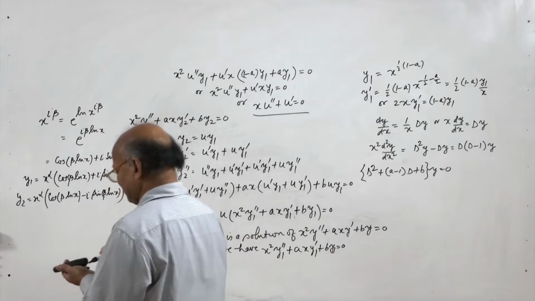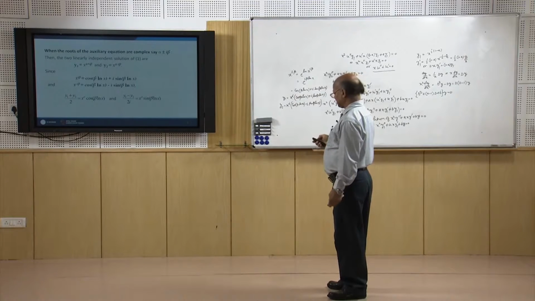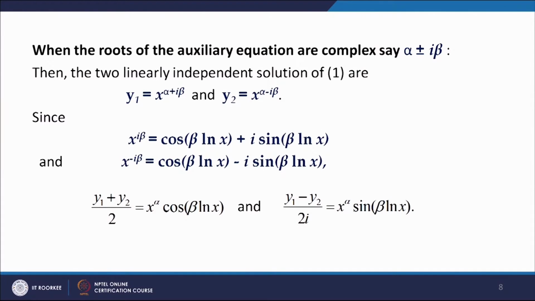So adding y1 and y2 we get 2x to the power alpha cos beta ln x, or we can say y1 plus y2 by 2 is x to the power alpha cos beta ln x, and y1 minus y2 divided by 2i is equal to x to the power alpha sin beta ln x.